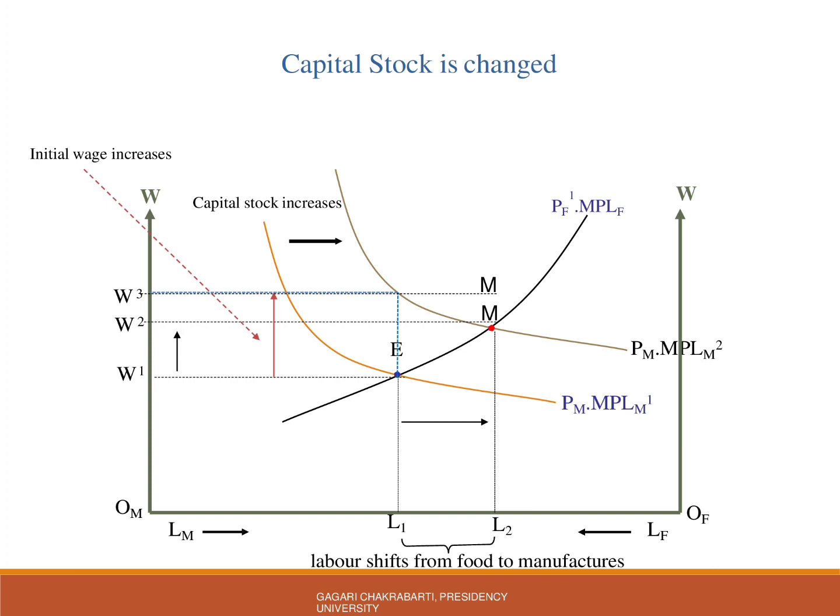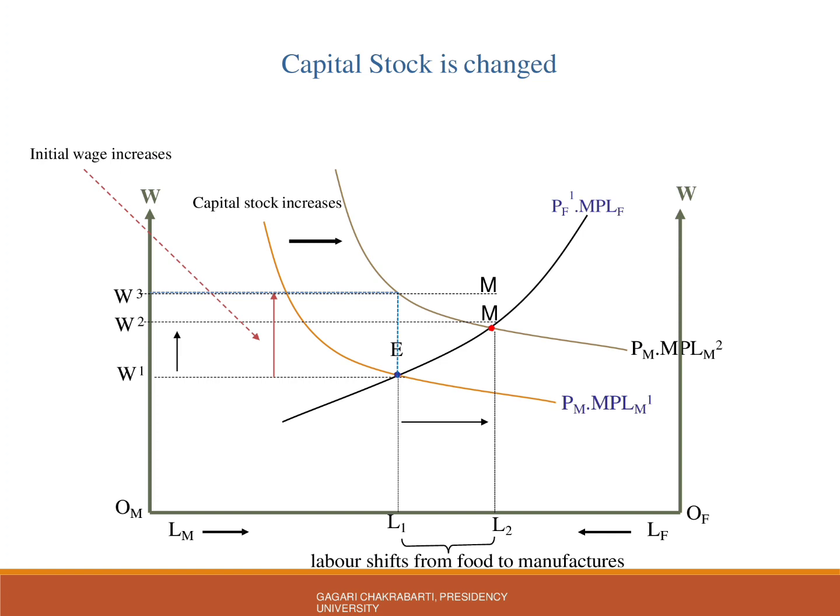Now let us see what has happened to the real return to the factors of production. The workers now are unequivocally better off because prices are unchanged but W has increased. So W by PM and W by PF will increase. Now we consider the owners of the capital.